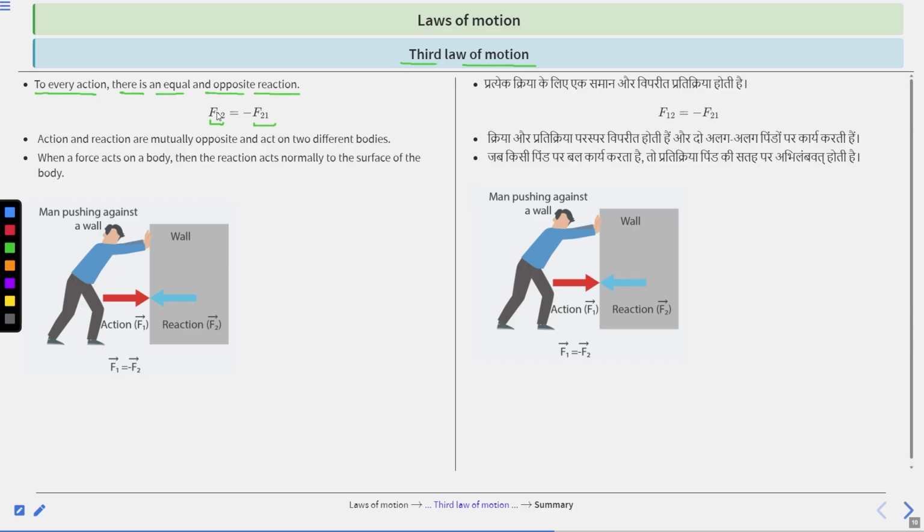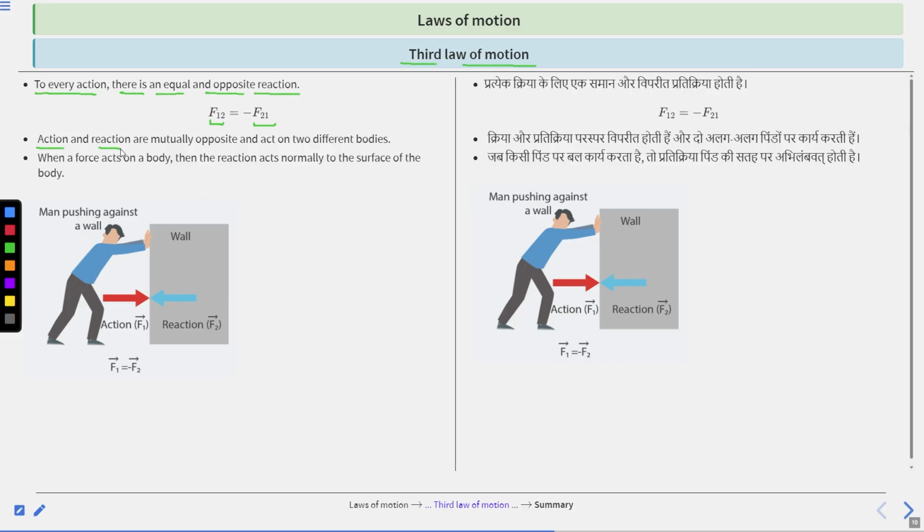We can understand it from this diagram. Suppose the force by a man pushing against a ball is F1. The ball pushes the man with force F2 with a negative sign. So there is an equal and opposite reaction.